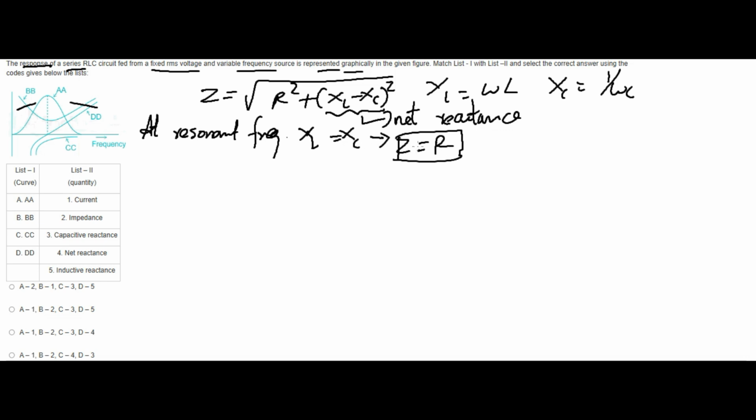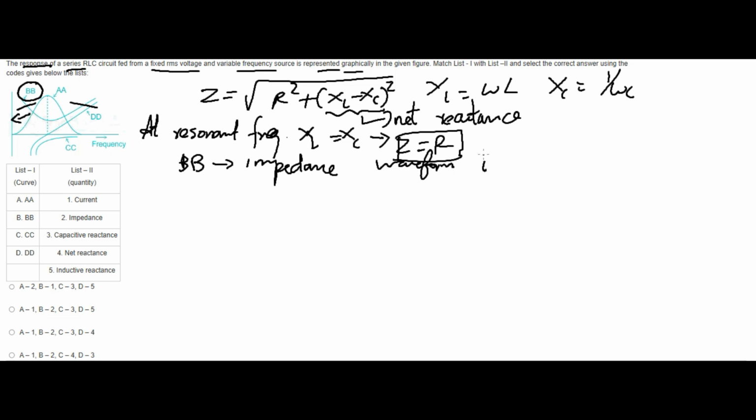Therefore, here look at BB. What is BB in this section? BB represents the impedance waveform, and it has a minimum at the resonant frequency, because the left side is minimum, right? I hope you can understand.